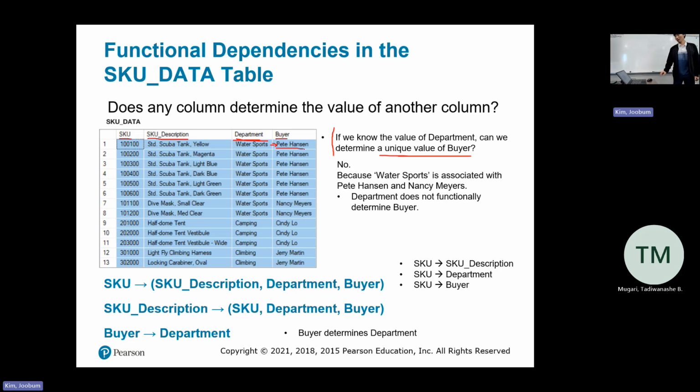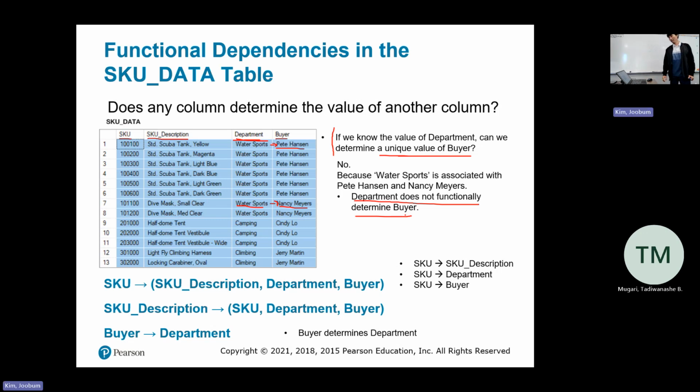Pete Hansen. But when you take a look at the other rows, water sports is also associated with Nancy Mayer. That means water sports is associated with multiple values in the buyer column, Pete and Nancy. That's why department does not functionally determine buyer.